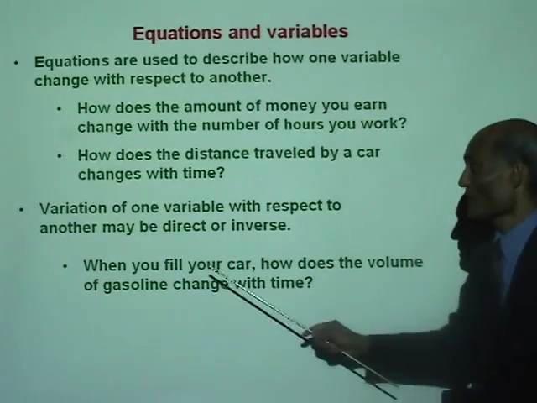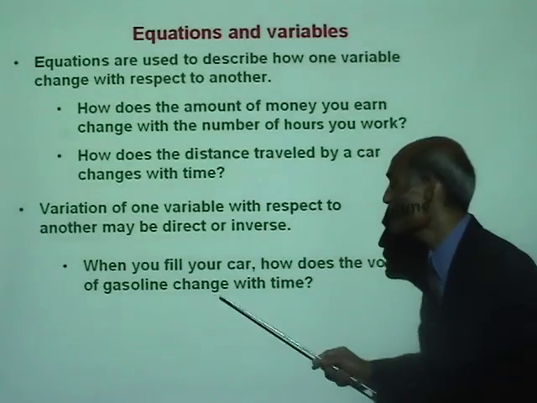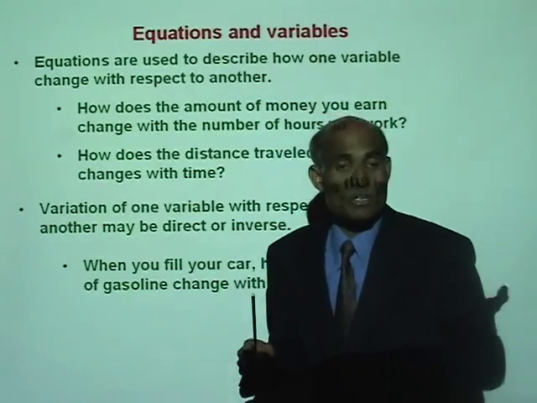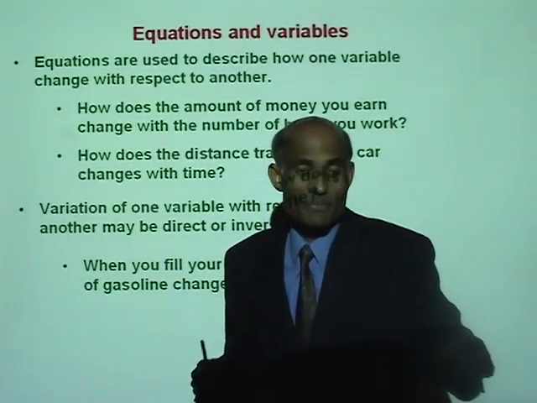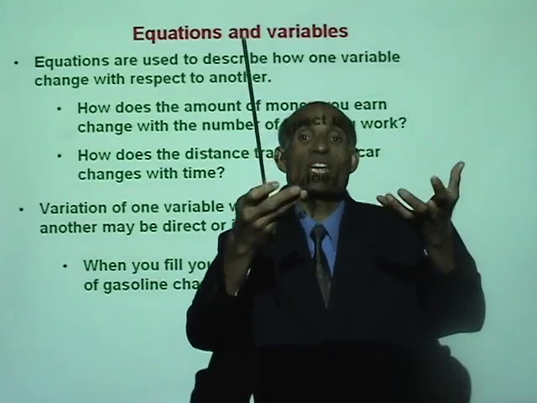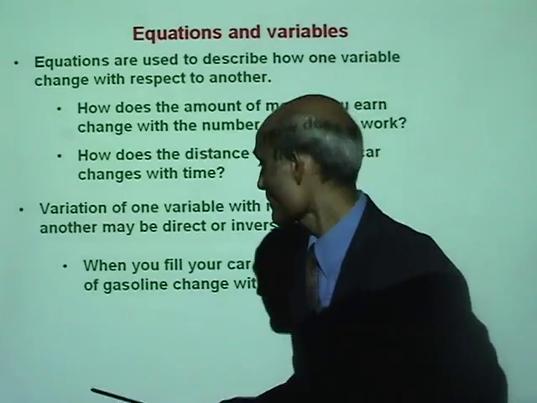Now look at this. When you fill your car, how does the volume of gasoline change with time? You go to the filling station, open the gas tank and start filling. Now with time, the amount of gasoline in the tank increases. That is a direct variation. Is that right?